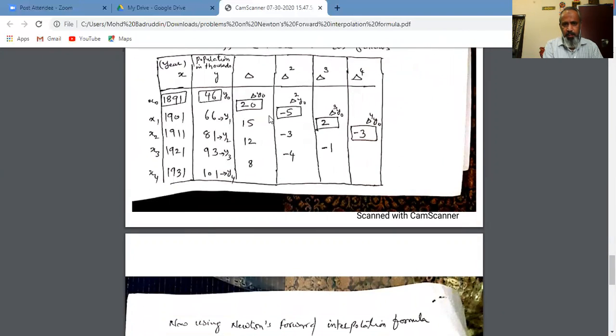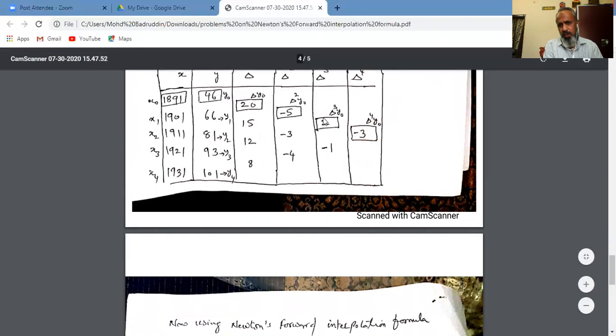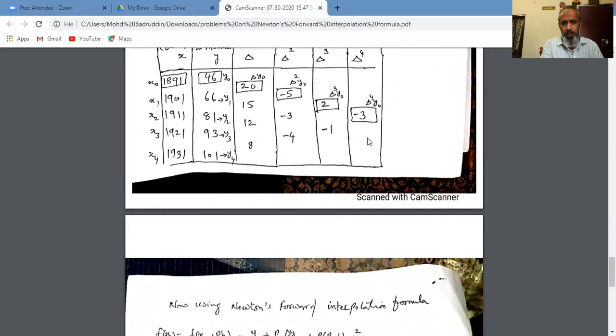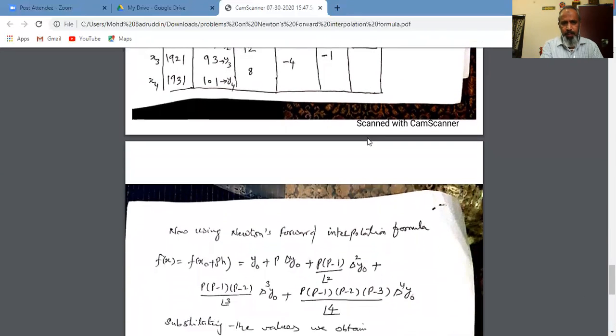This is delta y0, the first order difference. The first value in del square is del square y0. So we are using the top values as y0, delta y0, del square y0, del cube y0, and del 4 y0.